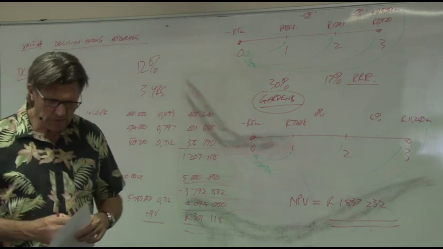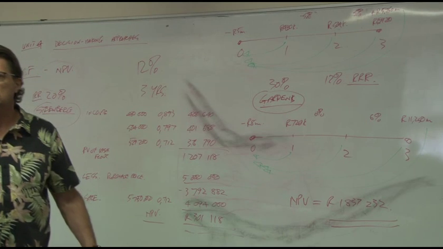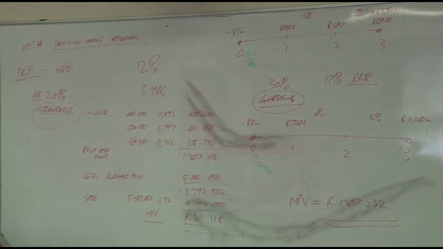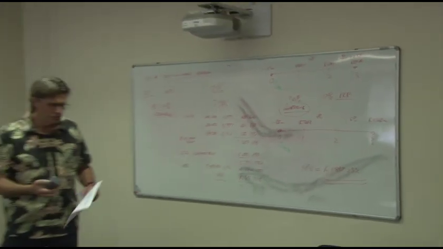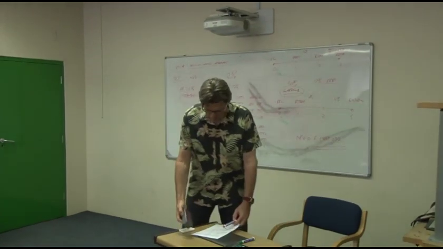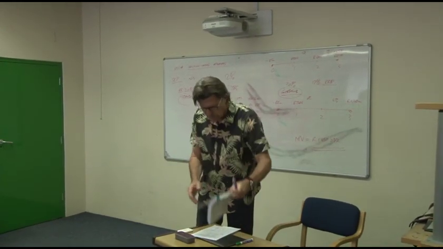Okay, so that basically completes the session for today. Just in terms of going forward, we've done 4 units in the first term. In the second term, we're going to do 3 units. I think it's strategy.